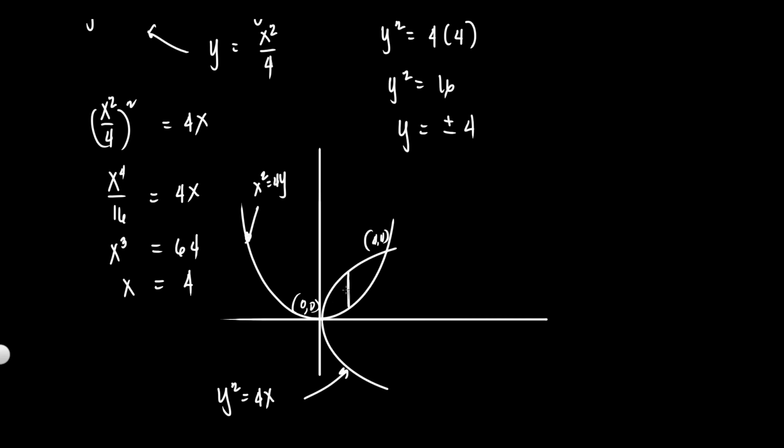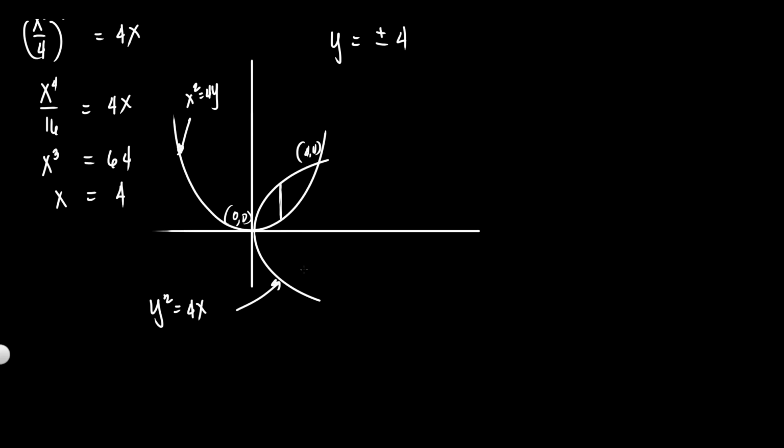So, what we will do with this vertical strip is it will walk from 0 to 4. So, it has a thickness, no? dx. Okay? So, to get the area, area is equal to the integral of y upper minus y lower times the dx.